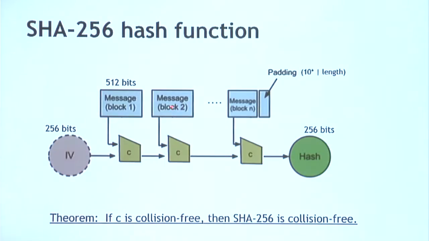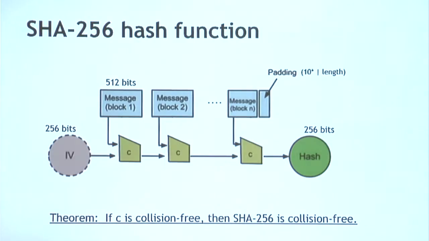You now take that with the next 512 bits of the message, run it through C again, and you keep going. Each iteration of C crunches in another 512-bit block of the message and mixes it in, logically, to the result. And when you get to the very end, you have consumed all of the blocks of the message plus the padding. The result is the hash.